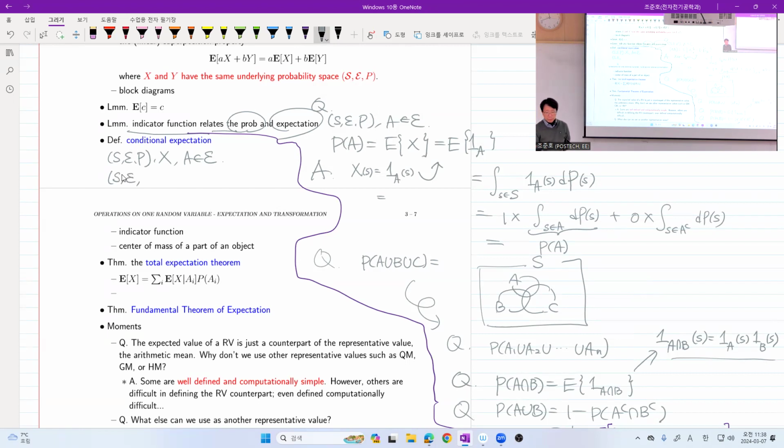We may say that we have the same thing. What is the conditional probability measure? As you remember, it is something like this, right? So this is your original probability space and random variable X and event A. And this is the conditional probability space with sample space, event space, and new conditional probability measure.